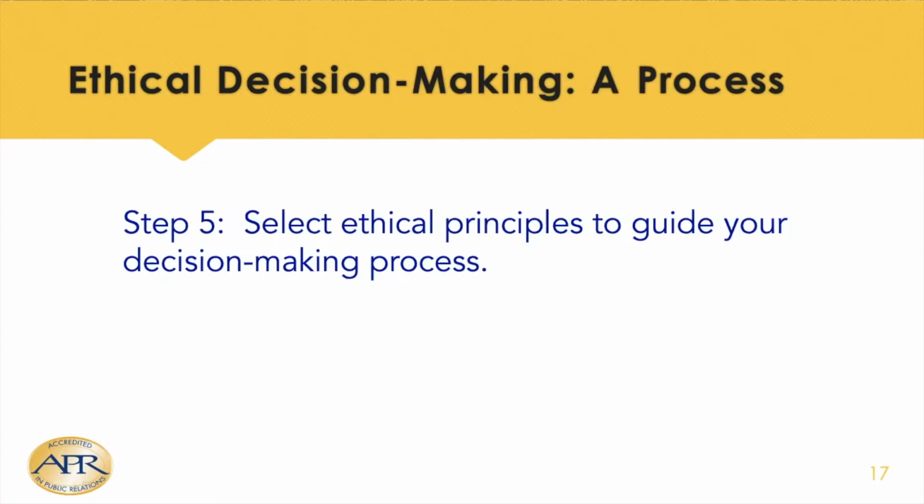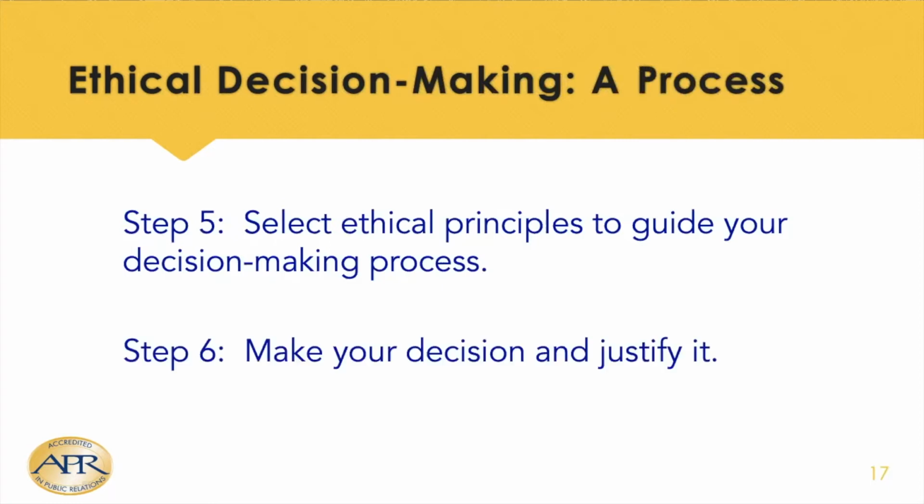So maybe we look at the PRSA code of conduct, or our business's code of conduct if we have one. That's going to help us make our decision. And then finally, we're going to make our decision, and we have to be able to support it. So there are steps we can go through as we go through that decision-making tree from an ethical perspective. There is a model that can help us with our ethical decisions.